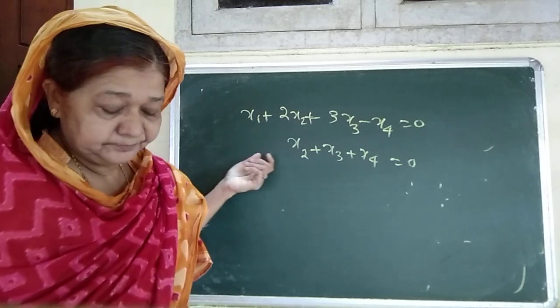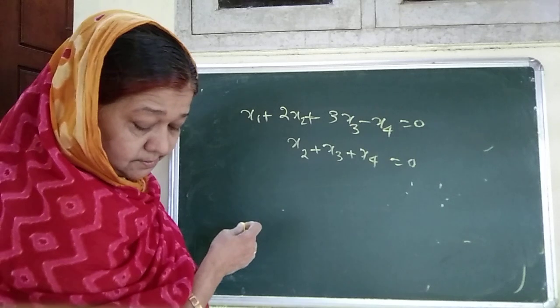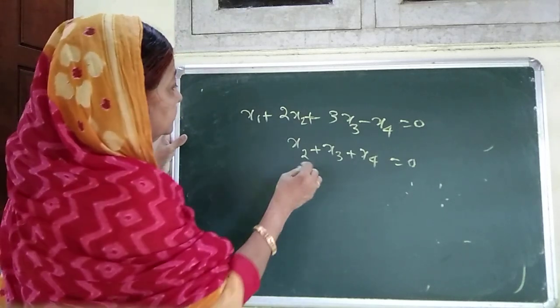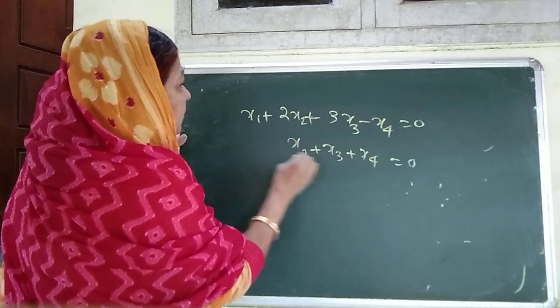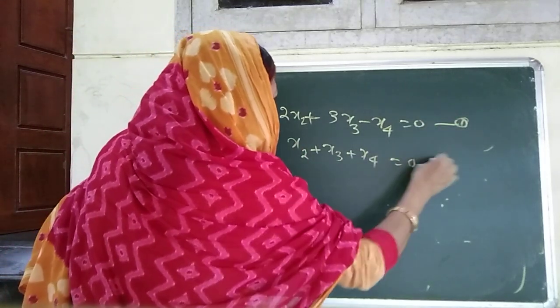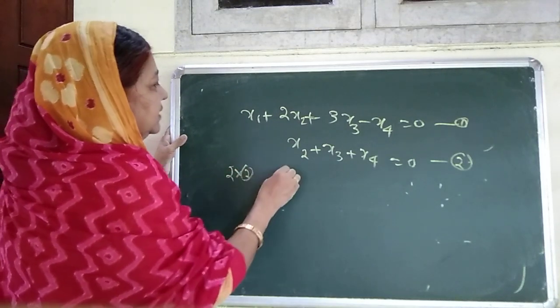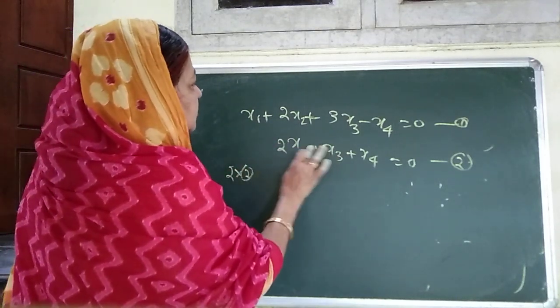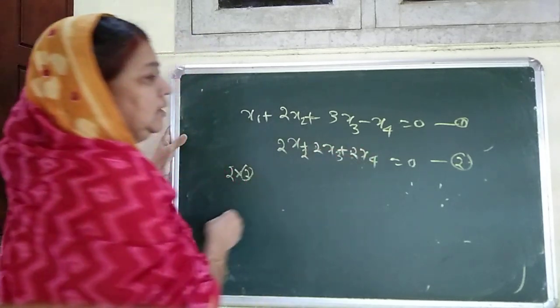For that, consider this: we can multiply this equation by 2. It is 1, 2, then 2 into 2. We get 2x2 plus 2x3 plus 2x4 equal to 0.